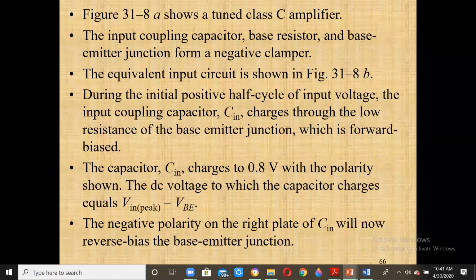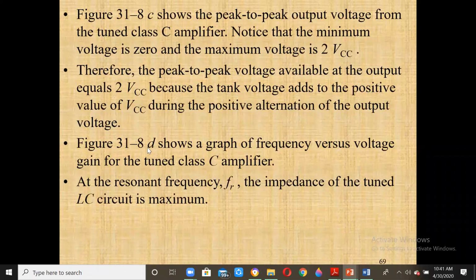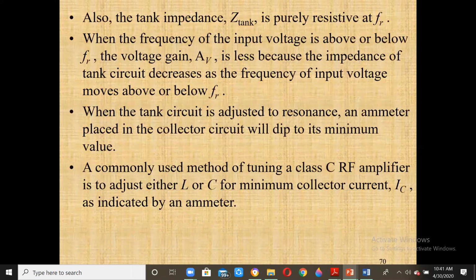Z tank will be very high there and very low at other frequencies. So figure 13.1D shows the graph of frequency versus voltage gain. At the resonant frequency, the impedance of the tuned LC circuit is maximum. At other times, it will be minimum.